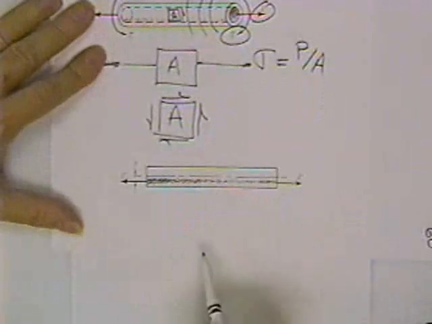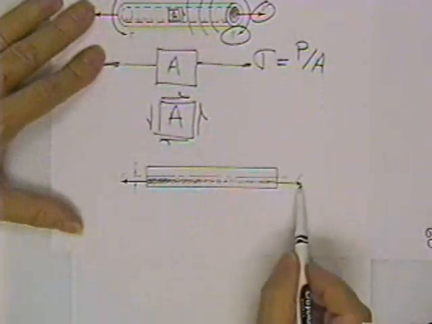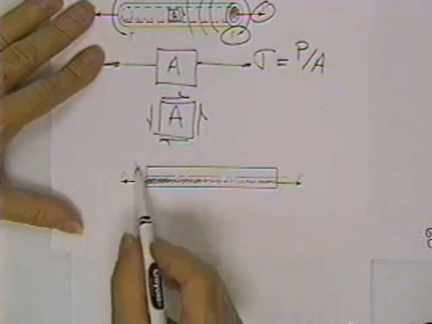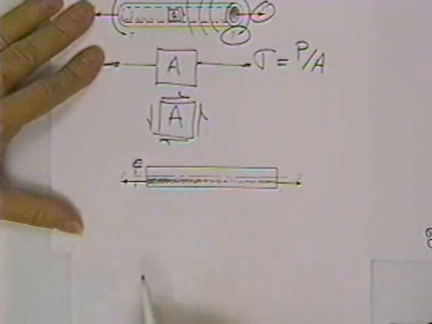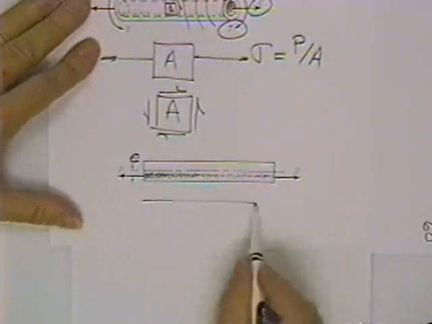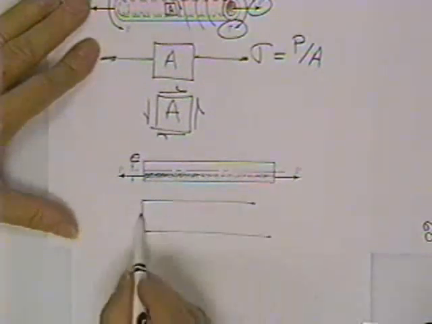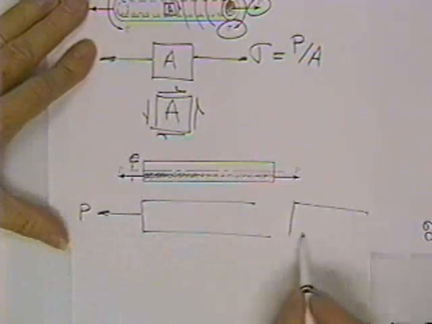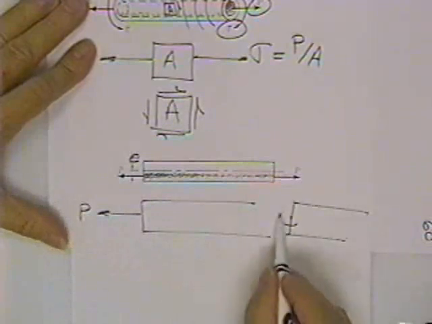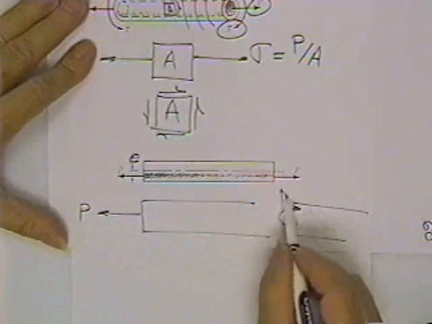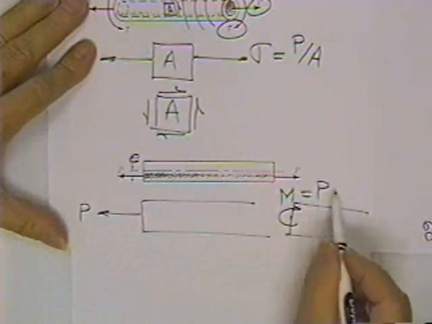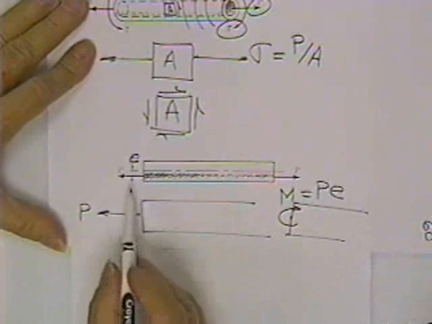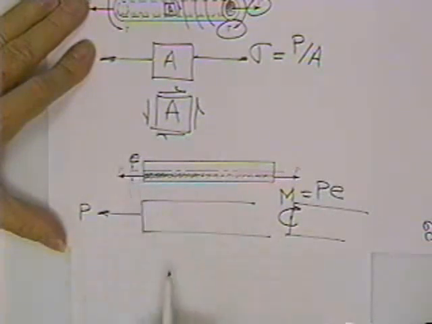Here's one that's bent due to a tension load, but he put it off center. By moving it off center a distance e, in effect, he has this, but he also adds this, a bending moment M of magnitude load times eccentricity, since the load is off of there.